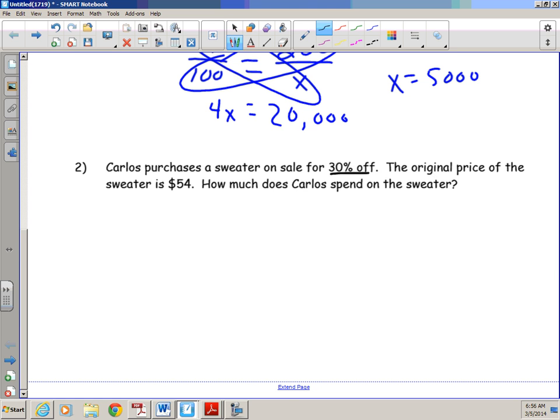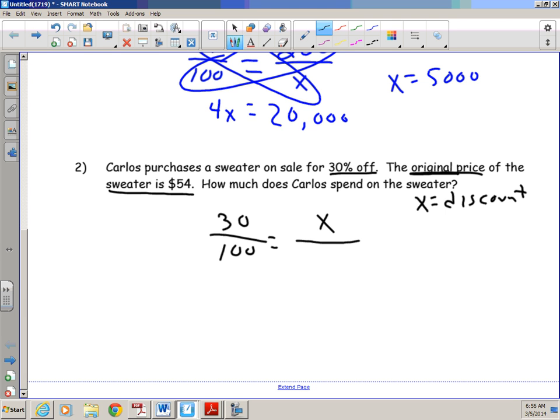Okay. Now, the second problem is Carlos purchases a sweater for 30% off. Okay. The original price is $54. How much does he spend? Again, do the easy part, 30 over 100. So I'm looking for two parts. I have two parts, the price and how much he spends. So what I'm really looking for first is the discount. Well, discount is part of the price.